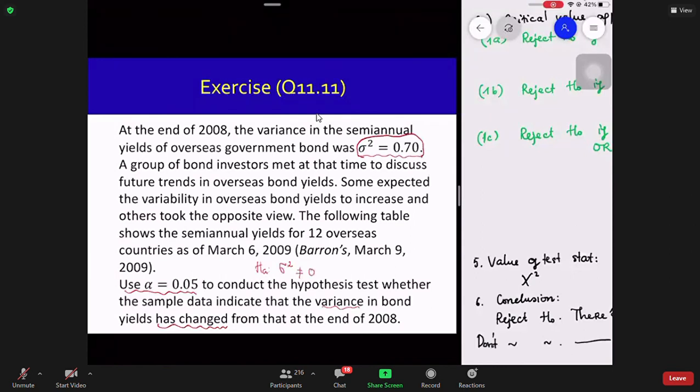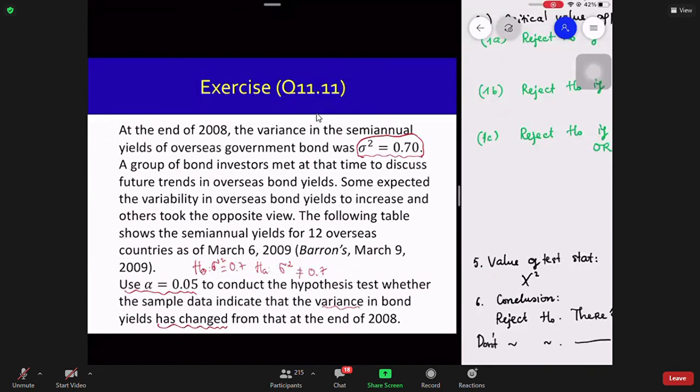Originally it was thought to be equal to 0.7. So we'll just write 0.7 here. And the null hypothesis should be sigma squared equal to 0.7. Okay, so this is how we write the hypothesis. We read the question, and the question should give us the alternative hypothesis as well as the null hypothesis.